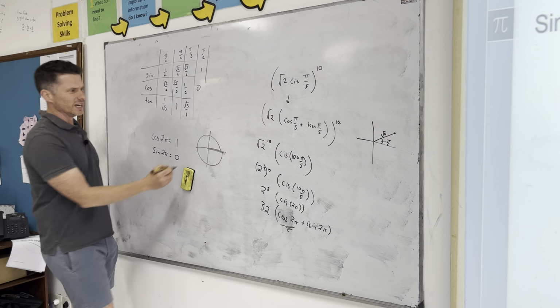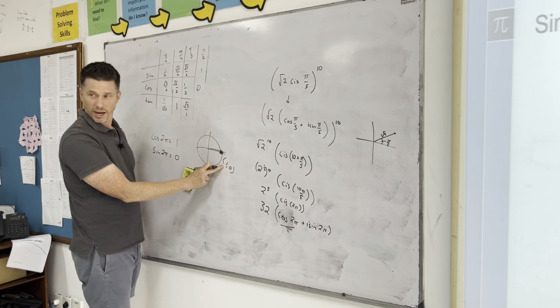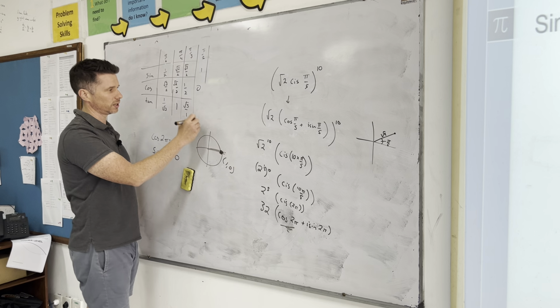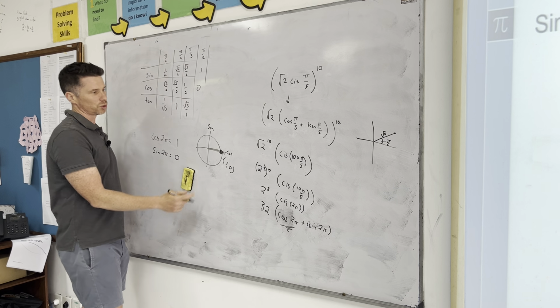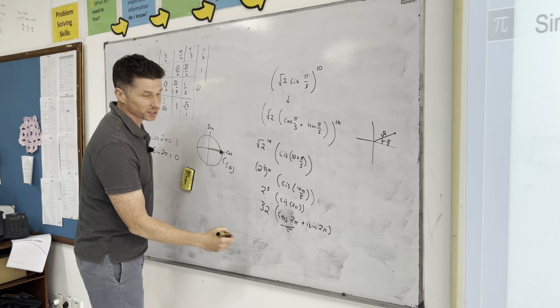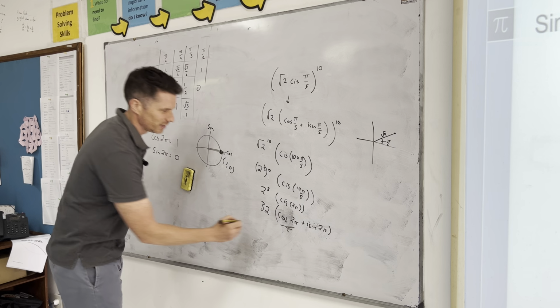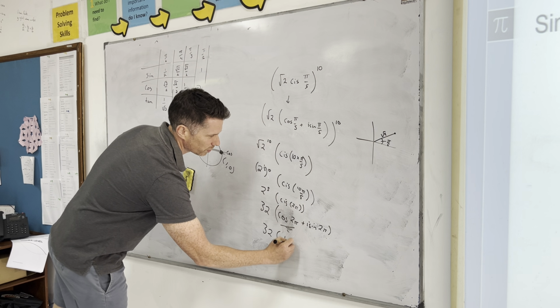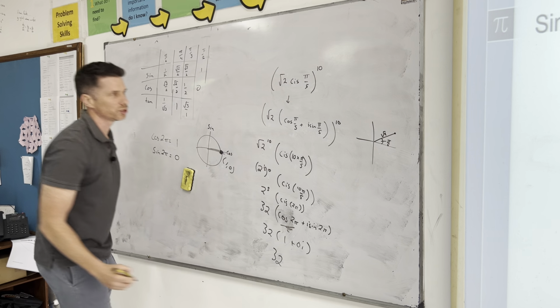Think about it: it's this point. What's that point? It's 1 on x, 0 on y. Sine is with the y-axis, cosine is the x-axis. So 1, 0. So what's the answer to this whole thing? 32 times 1 plus 0i. The 0i doesn't matter, so the answer is just 32.